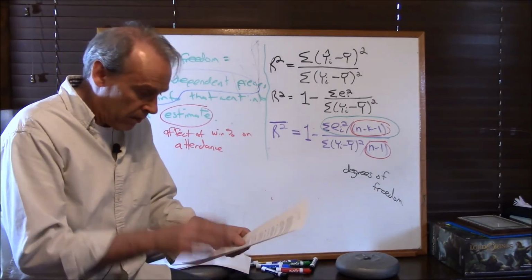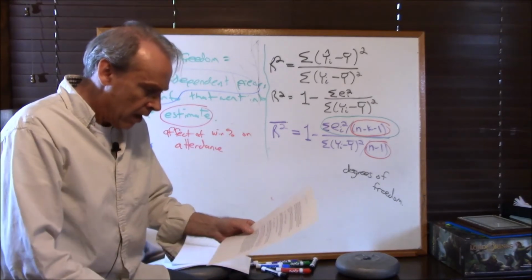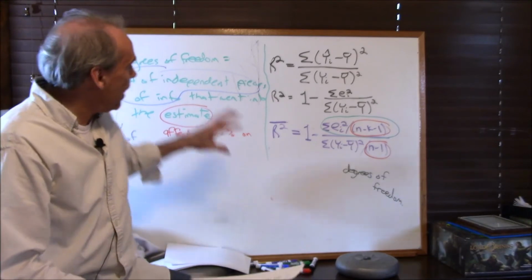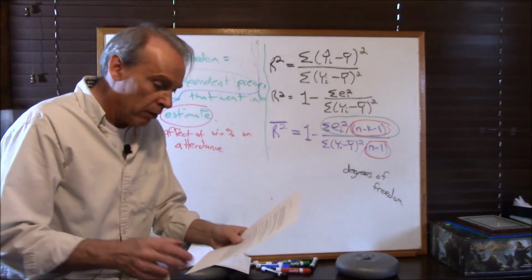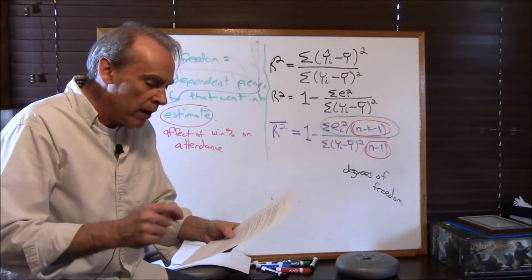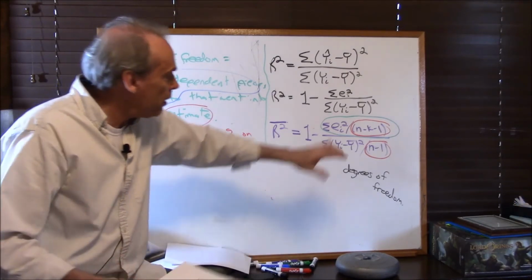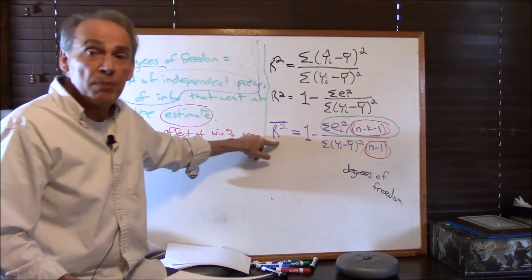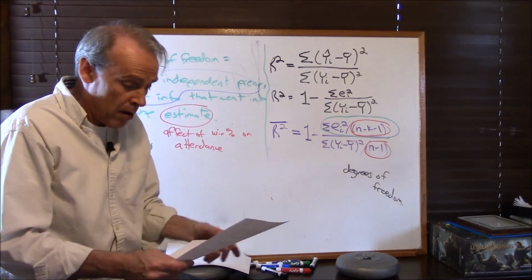Let me read what I wrote here, and then I'll explain it. Not only does less data lower the degrees of freedom, if you have fewer seasons, but so does more independent variables, which is the deal between these two right here. When K goes up, it's going to potentially lower this unless the explanatory power offsets it.